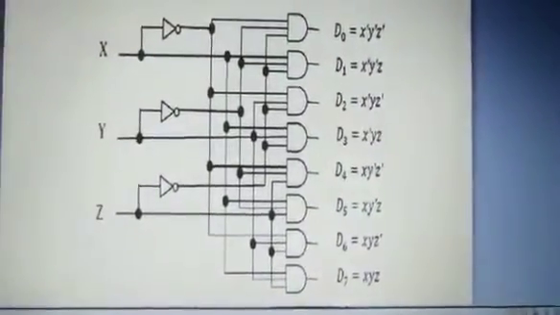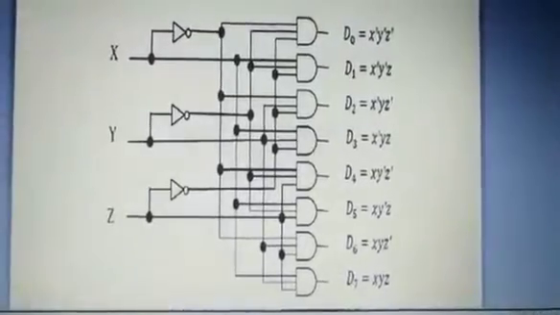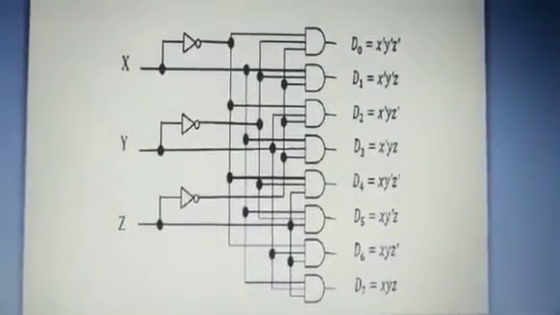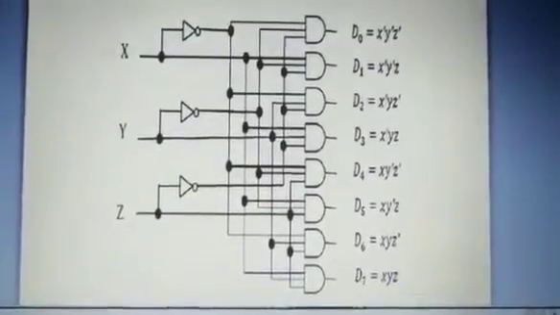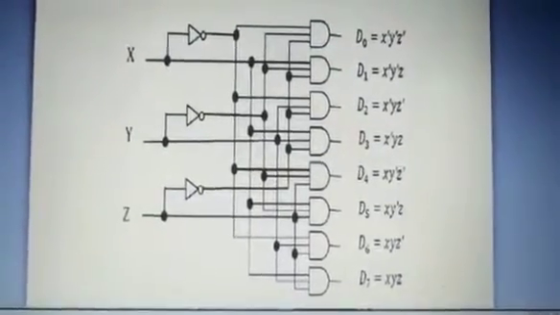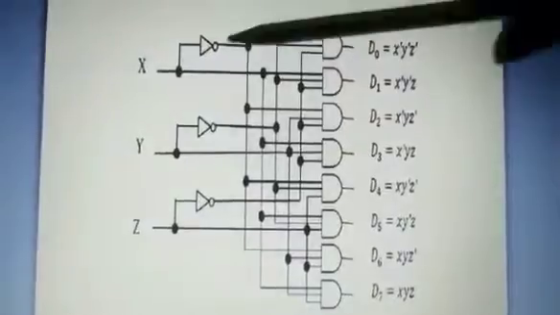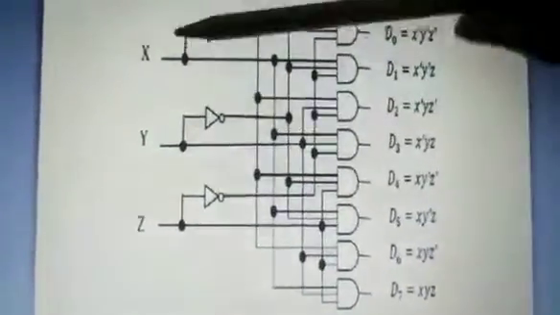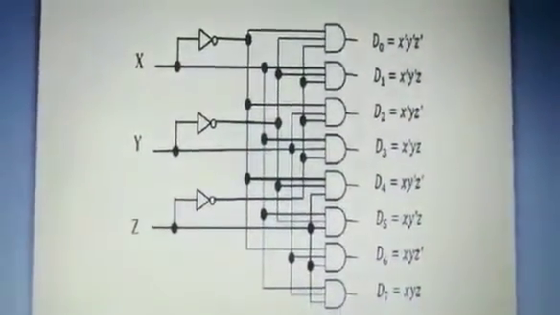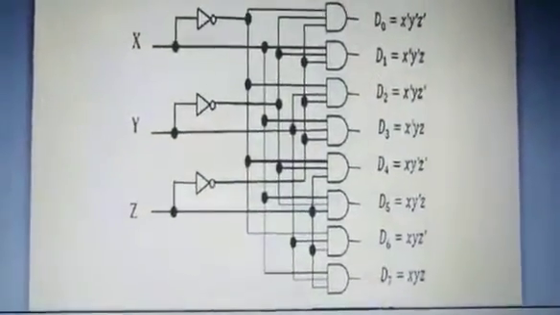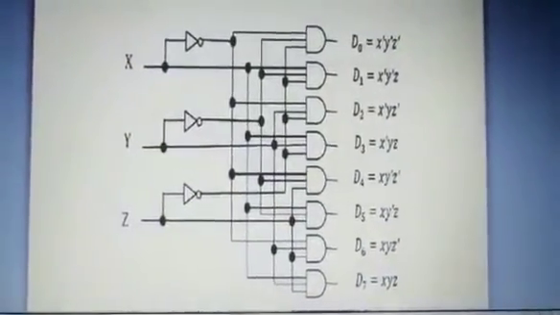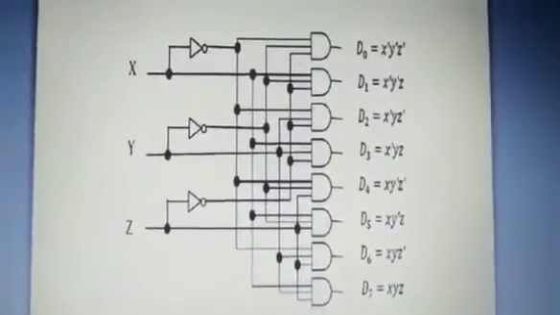Why is the NOT gate required? Because sometimes we require the x bar, y bar and z bar values. To represent x complement, y complement, z complement, we require this NOT gate to get the converted value. And the AND gate is required to give the product of all three inputs.